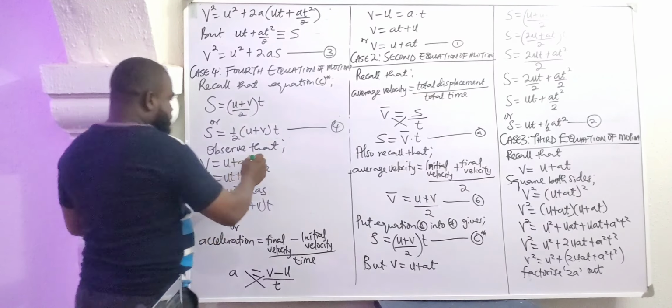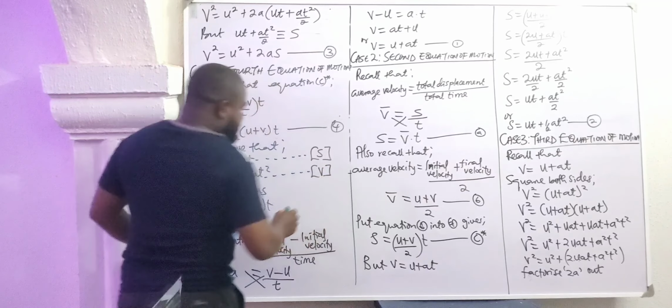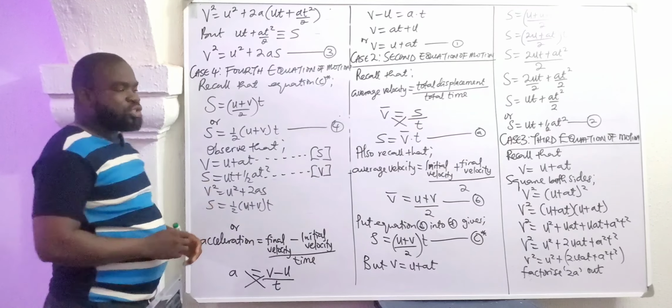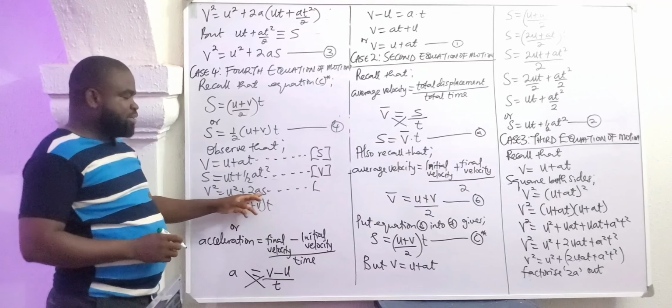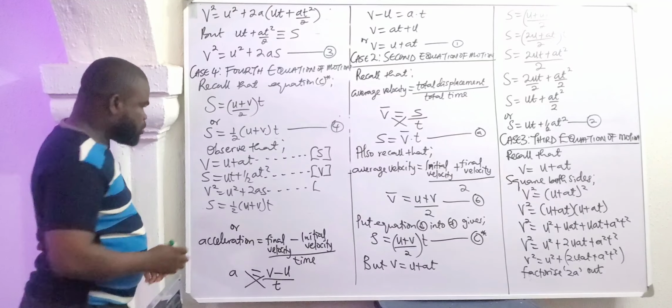Likewise, if you check equation 2, you will see we have displacement, we have initial velocity, we have time, we have acceleration, but there is no final velocity. So final velocity cannot be looked for using equation 2. Likewise, equation 3, if you check it very well, you will see it has final velocity, initial velocity, acceleration, displacement, but no time.